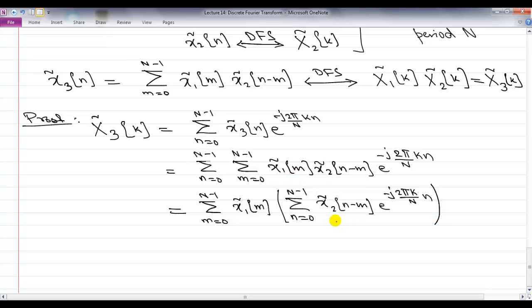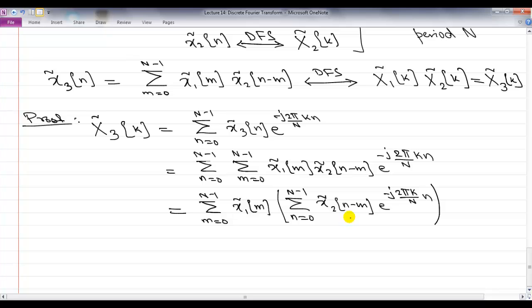Now, if we think of this, we are just taking the discrete Fourier series coefficients of a sequence which is shifted by m.